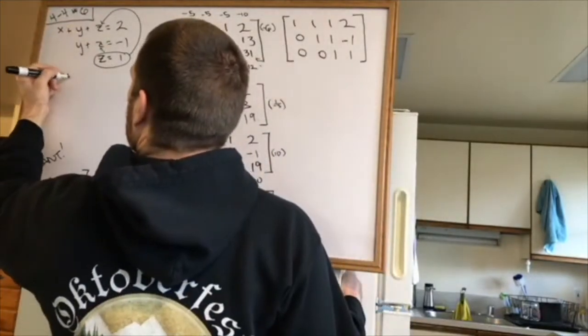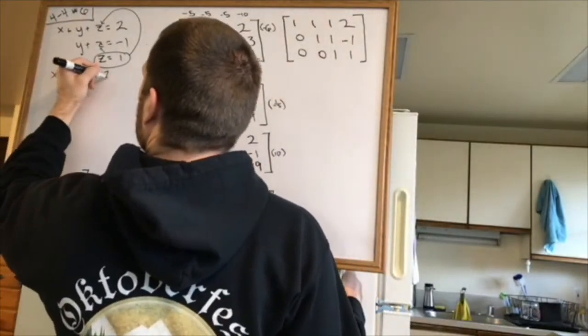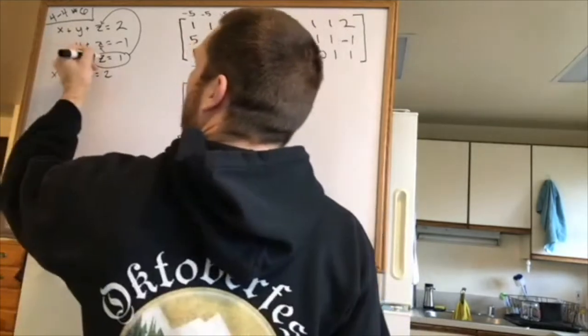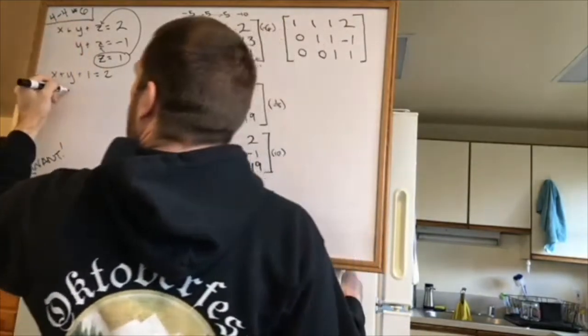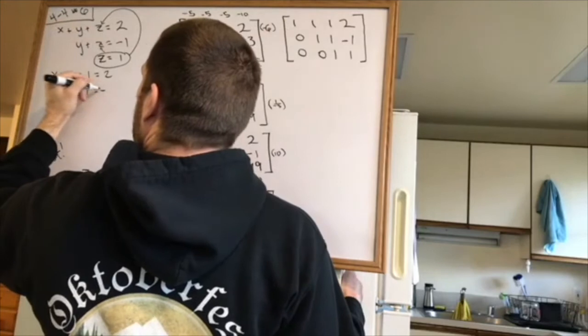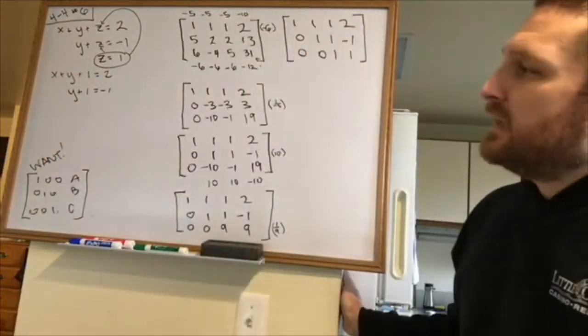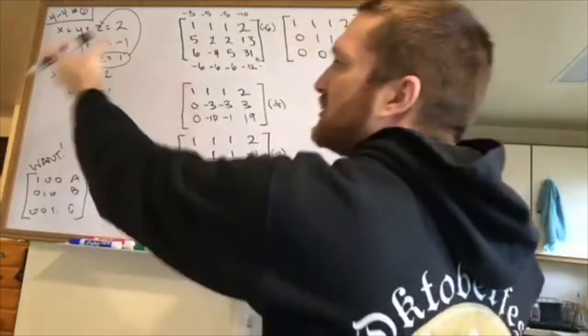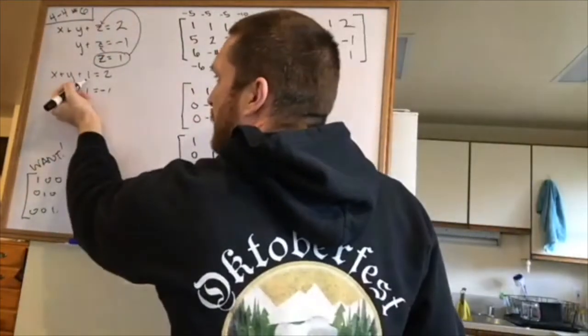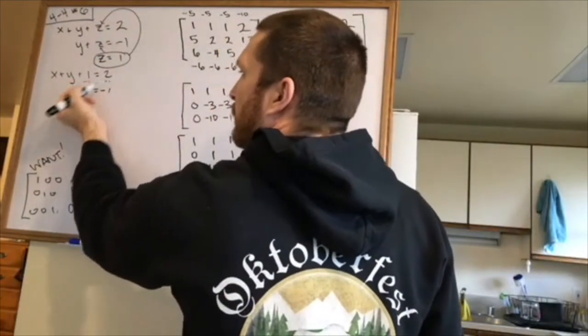What would that give me? Well, let's see. x plus y plus 1 equals 2. This would give me y plus 1 equals -1. Now let's just get these guys by themselves. In both cases, I would subtract off 1 from both sides.